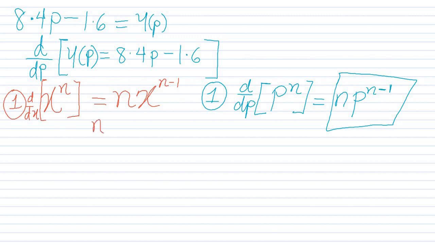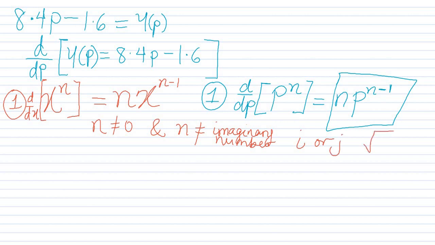So that means n cannot equal 0, and n cannot be an imaginary number, which means n cannot be i or j, or basically n cannot be a square root or a cubed root or anything of a negative number. So this cannot happen. So n has to be a non-zero real number. So that's the first rule.